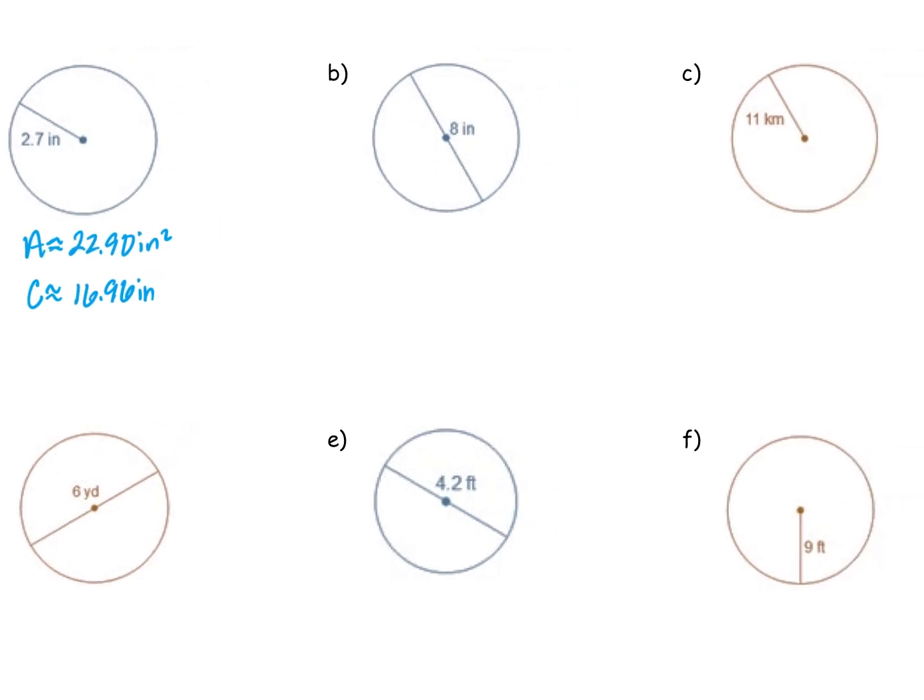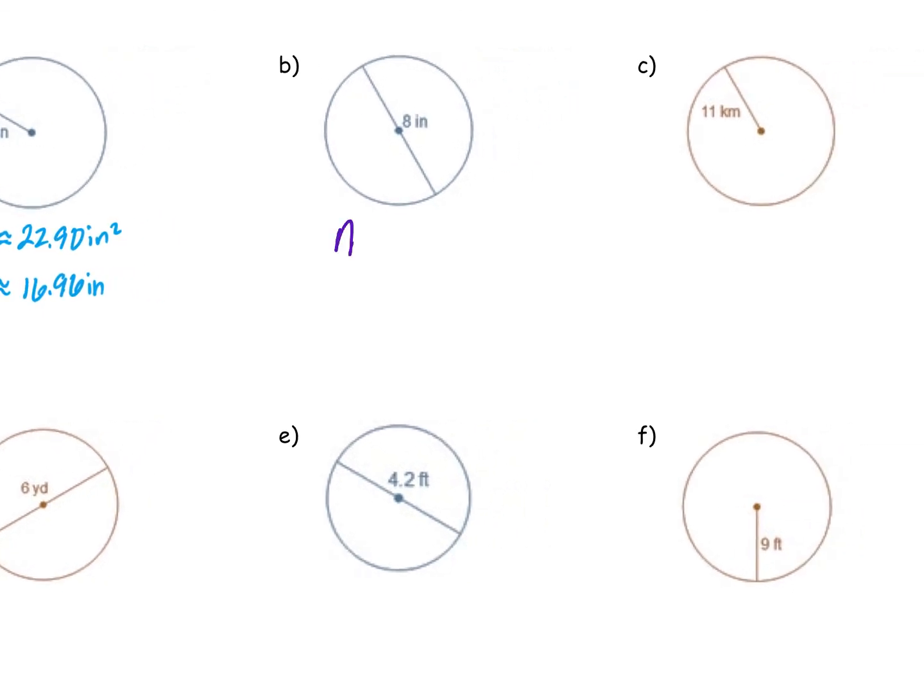For B, my area would approximately be equal to 50.27 inches squared, and my circumference is approximately going to be equal to 25.13 inches.